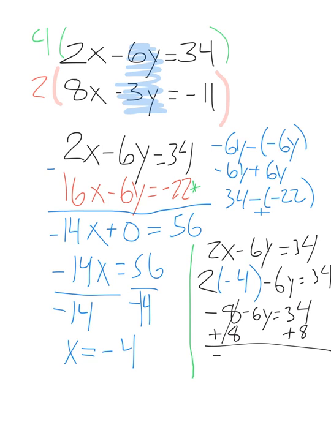That would leave me with negative 6y equals 34 plus 8, which gives us positive 42. Last but not least, we're going to divide each side by negative 6, and we end up with y equals 42 divided by negative 6, which gives us negative 7. So we end up with our solution, negative 4, negative 7.